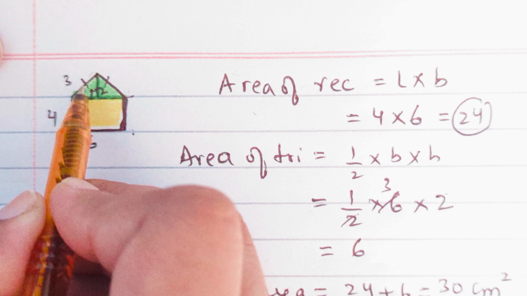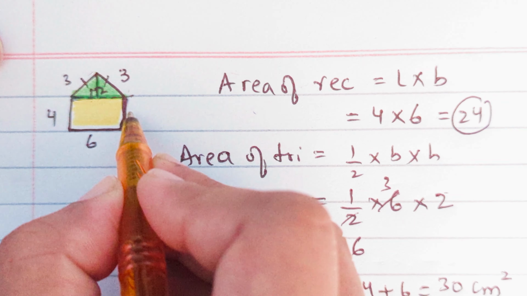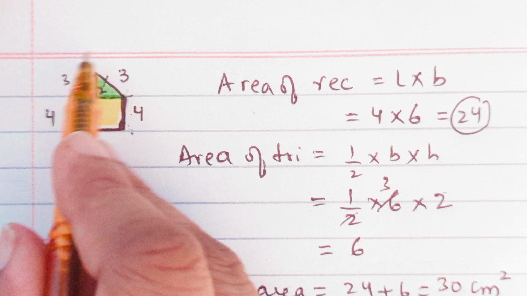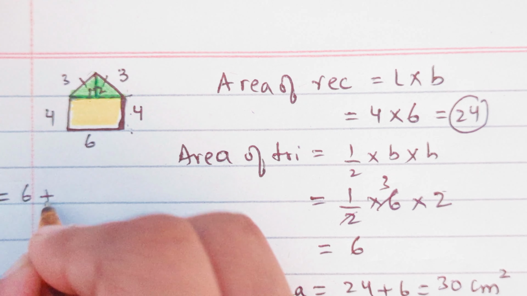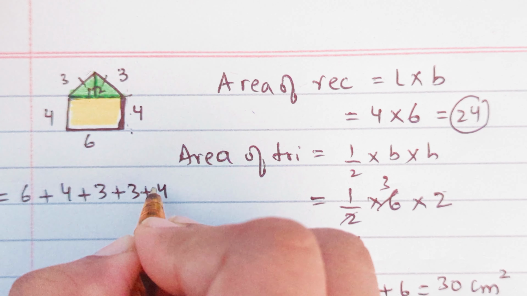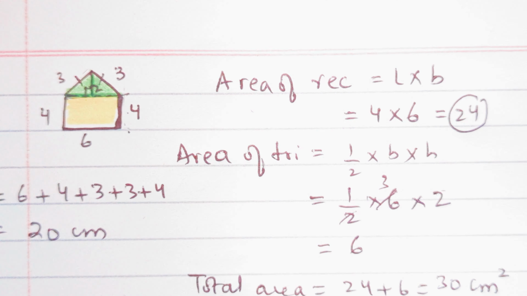These two lines tell us that these two sides are equal, so this one's also 3. Then this part is opposite to 4 and both are equal, so this is also 4. So for perimeter, we will add all of the sides. It's 6 plus 4 plus 3 plus 3 plus 4. That's all. And we will get 20 centimeter.